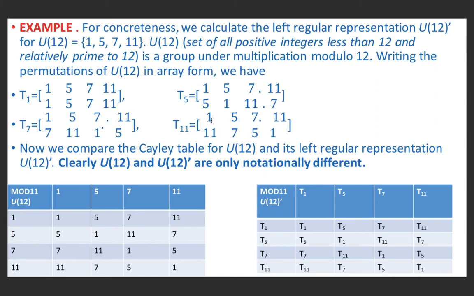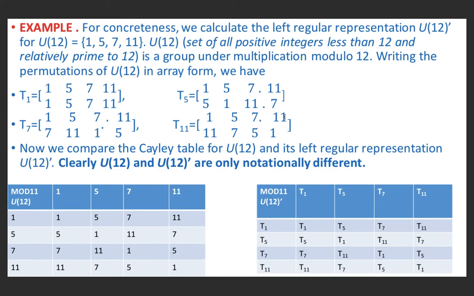Now we operate the elements of the first row by 11. 11 star 1 is 11. 11 star 5 is 55; 12 fours are 48, the remainder is 7. 11 sevens are 77; 12 sixes are 72, the remainder is 5.